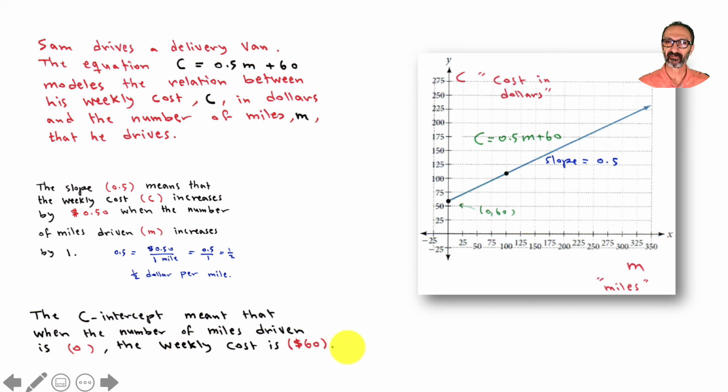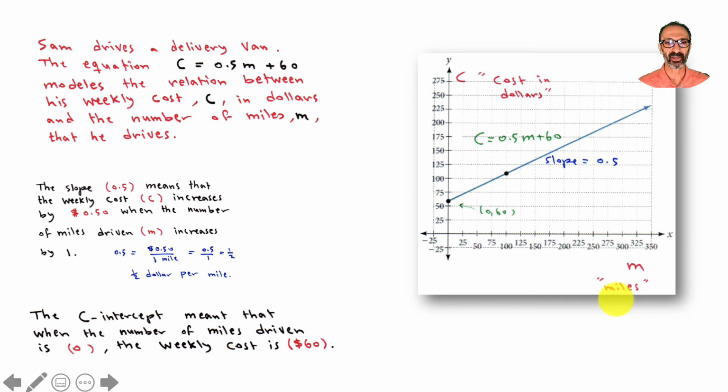Meaning, you rent the van for a week, and on the contract they say, we're going to charge you $60. On top of that, we're going to charge you on how many miles you're going to drive. So the $60 is your initial cost, your starting cost. Even if you don't drive the truck, you have to pay $60.